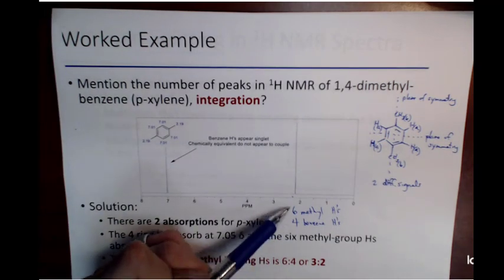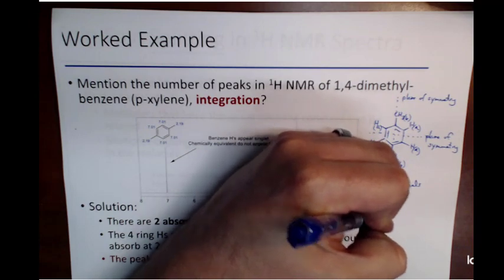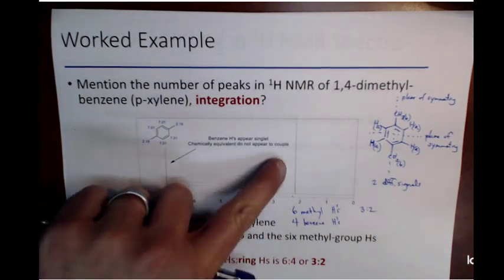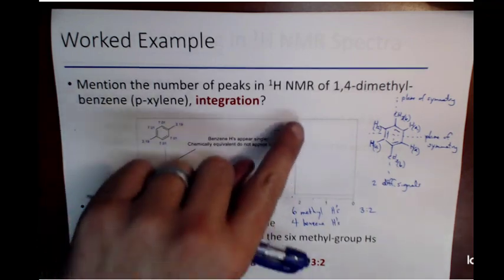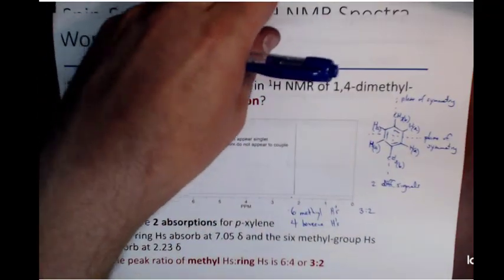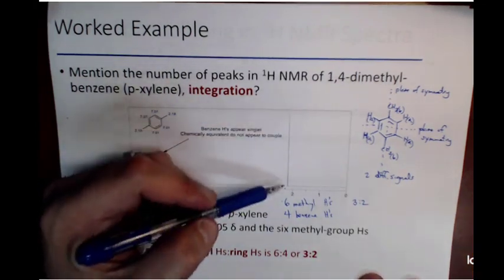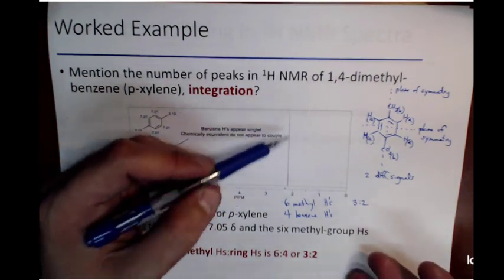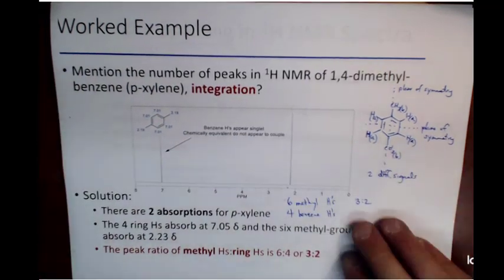So you have a 6-to-4 ratio, but that could be simplified to a 3-to-2 ratio. So that's why this peak should be roughly a third taller, or have a third more area under the curve than this peak, right? So that's why it's taller. All right.